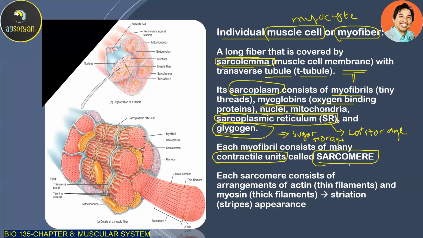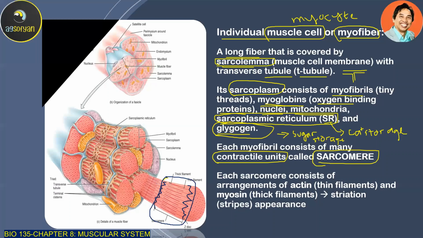So when these millions of sarcomeres contract together, the whole muscle cell will be contracted. So this is a sarcomere over here. It is bordered by a Z-like structure, called the Z disc. So this is one sarcomere.